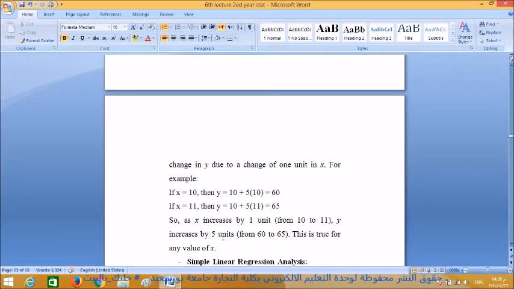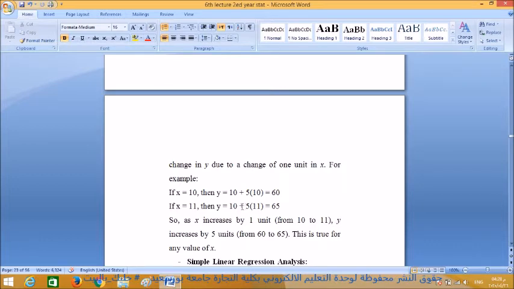Y increases because this sign is plus, not minus. If this sign is minus, y will decrease when x increases. So the sign of this coefficient is very important to explain the relationship of the two variables. If plus, you understand that the relationship is positive.